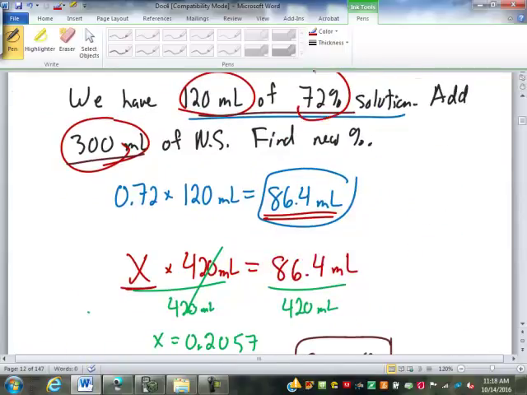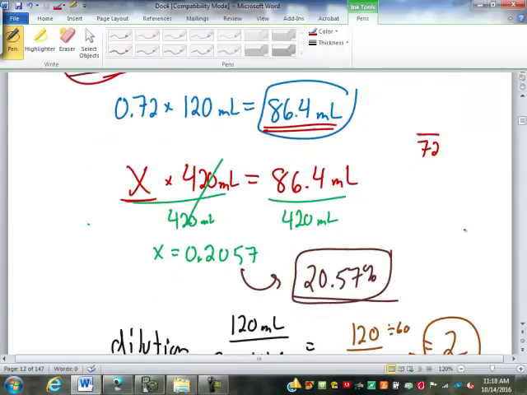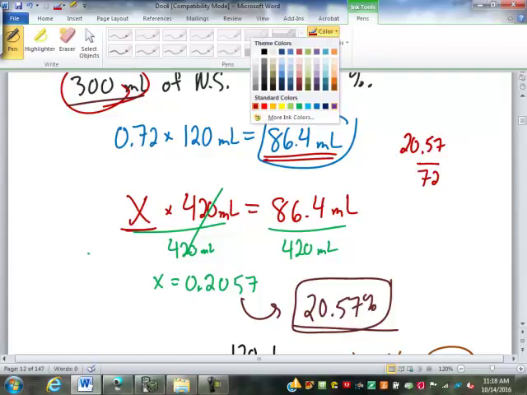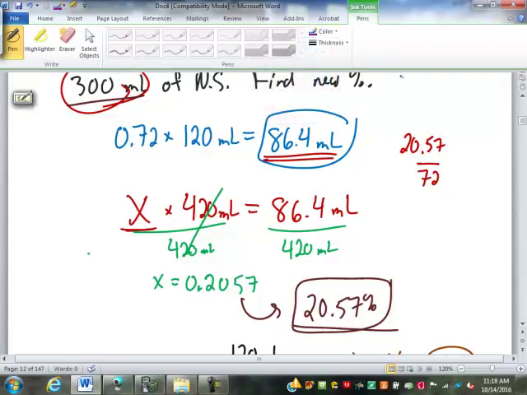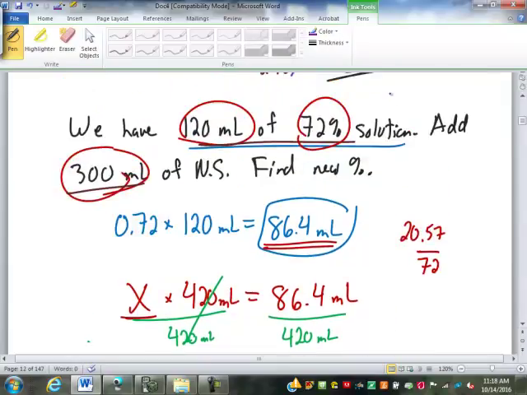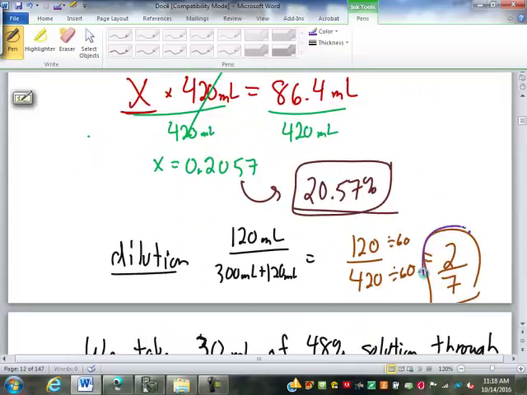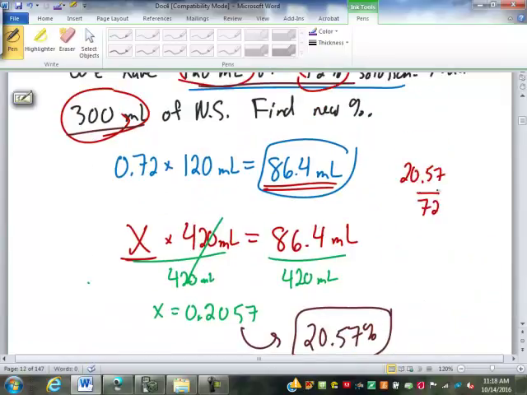Here I started at 72%. Put 72% on bottom. I finished at 20.57. If I reduce that, it's going to get kind of ugly. Did I forget my dilution for that one? Yes, I did. A 2 and 7 dilution. If I look at my dilution of 2 and 7, rather than reducing the 20.57, let's just look at this.